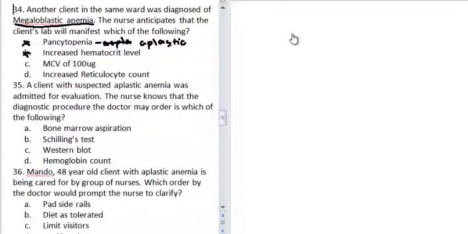So it's either C or D. Answer letter C. Like I said, the normal size of RBC should be between 81 to 96.